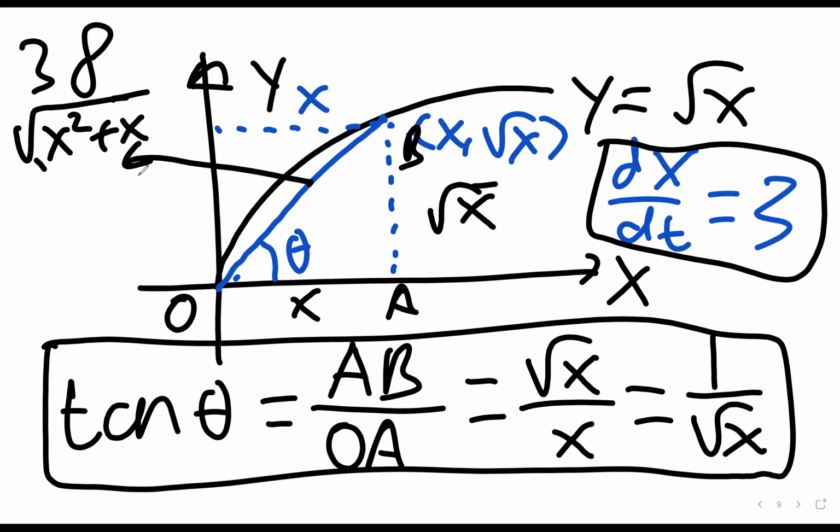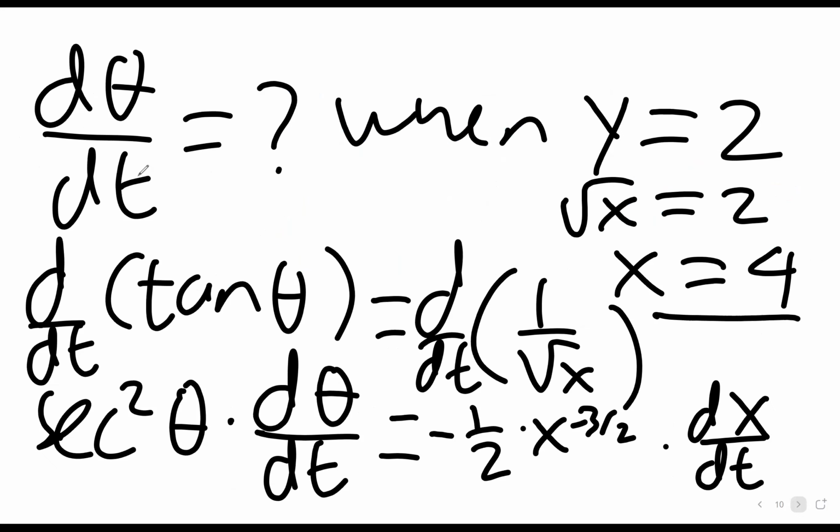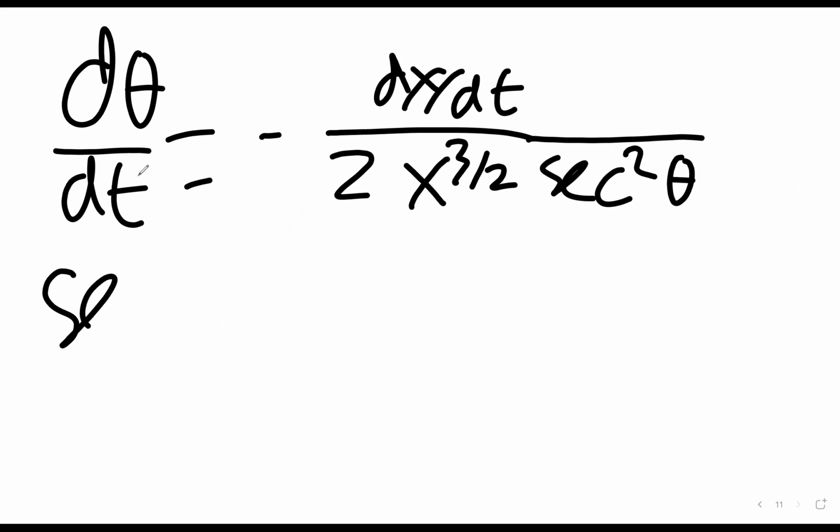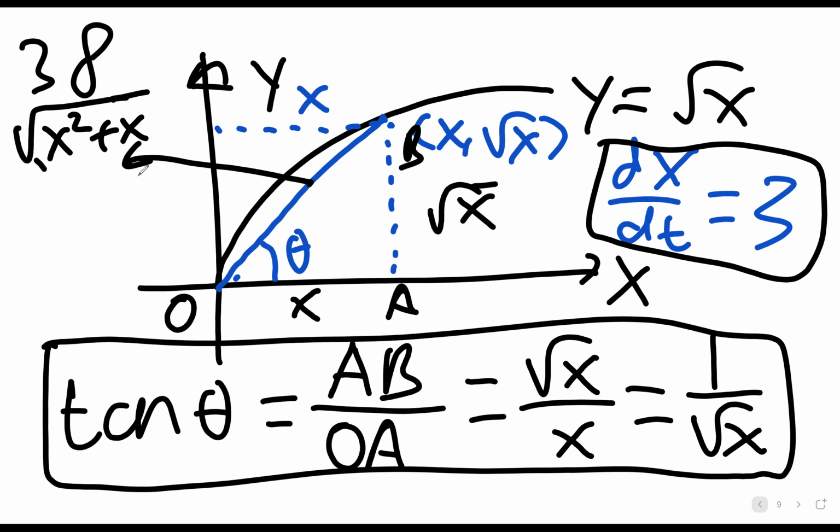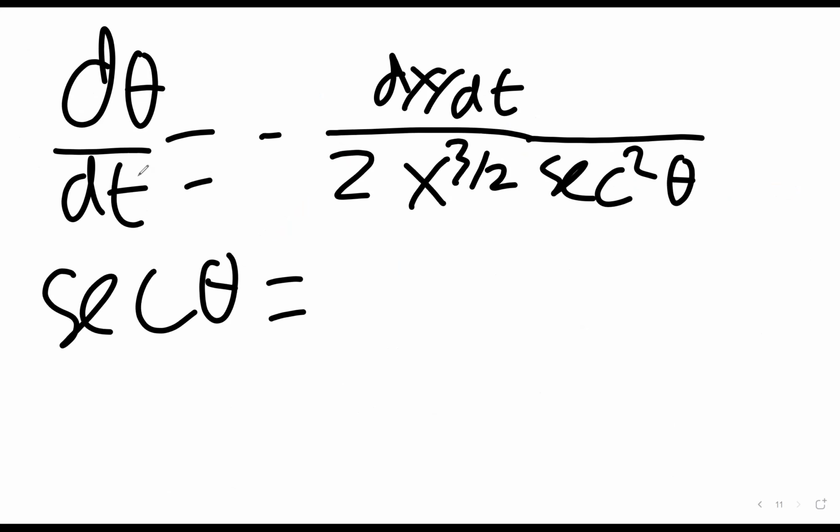So in this case, secant θ will be the ratio of the hypotenuse and the side beside the angle θ. Secant θ equals 1 over cosine θ, and this becomes square root of x squared plus x divided by x itself.